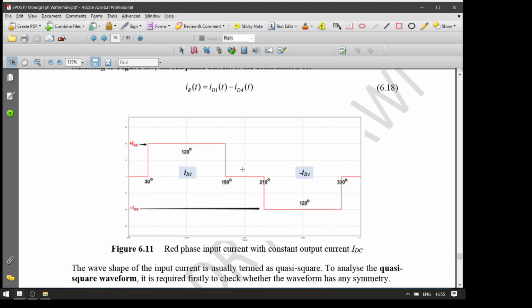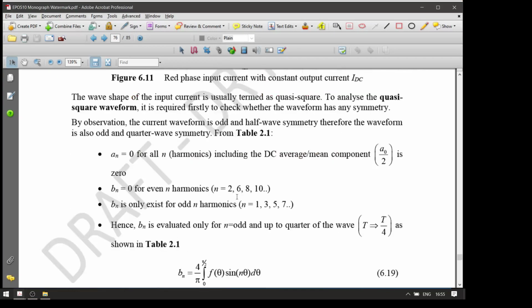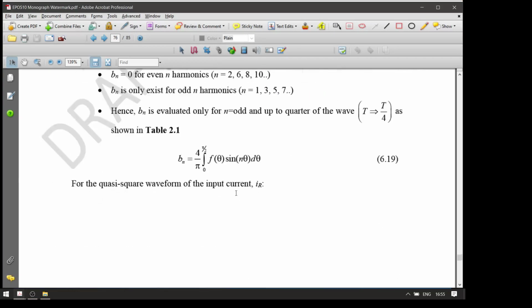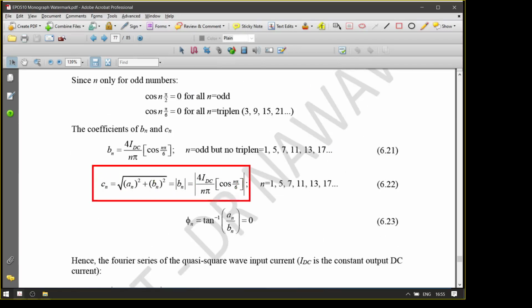And then you do the evaluation up to pi over 2, isn't it? So this is 90 degree, pi over 2. You only evaluate from 30 degree to 90 degree for bn, and finally you find your harmonic Cn equals 4 IDC over n pi.